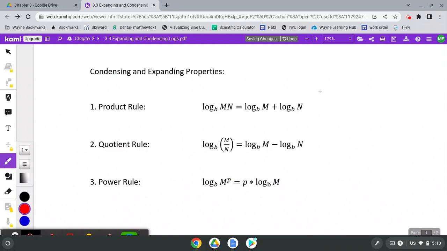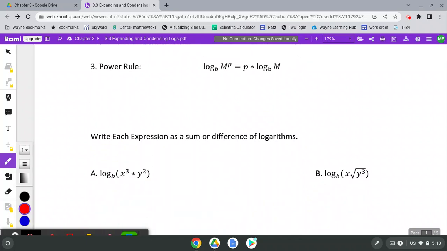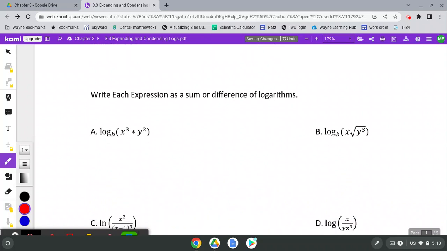So these 3 rules, you probably learned them in Algebra 2 at some point, but these 3 rules will go into effect today. We're going to apply them. So this first section says, write each expression as a sum or difference of logarithms. So we're going to try to split it up as much as we can. Now the first thing to notice here, we have x to the third.